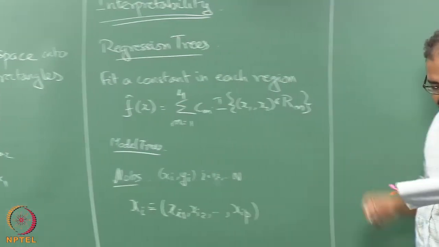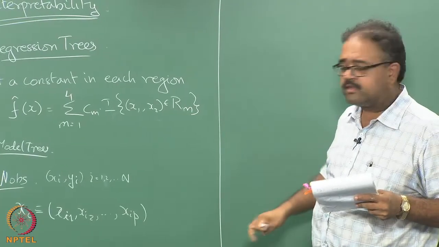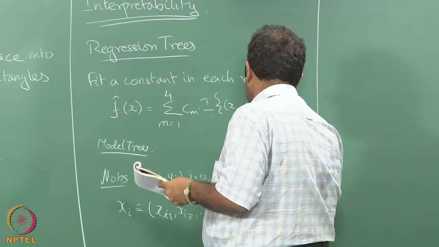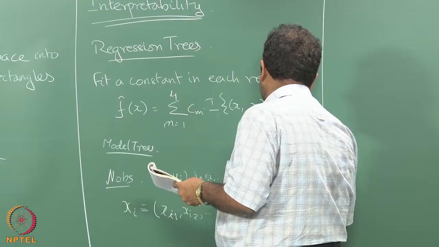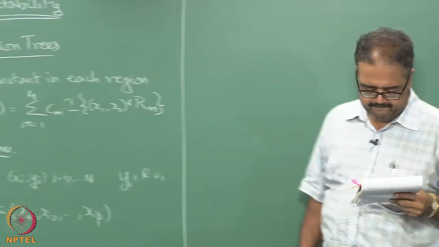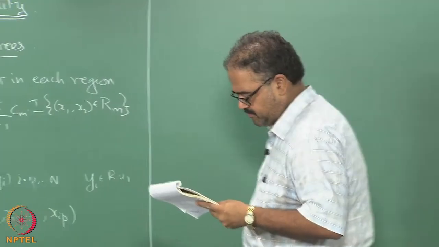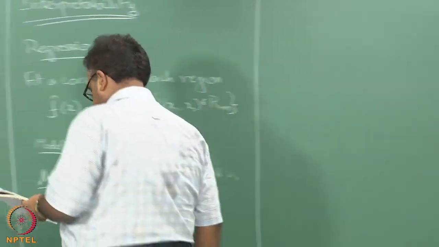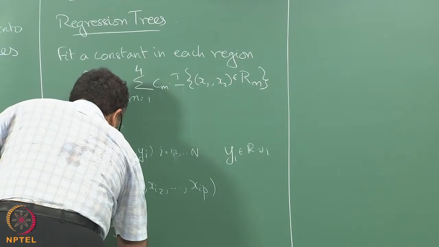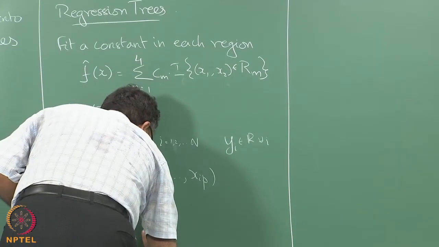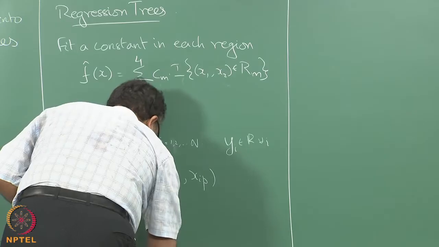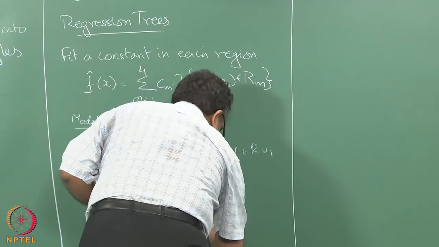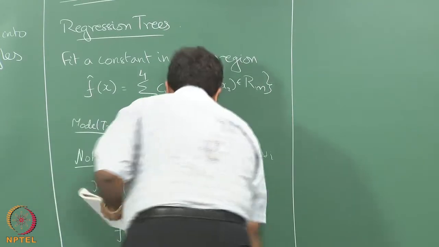So that is our usual setting. So where the input comes from RP and the output comes from R. Right.